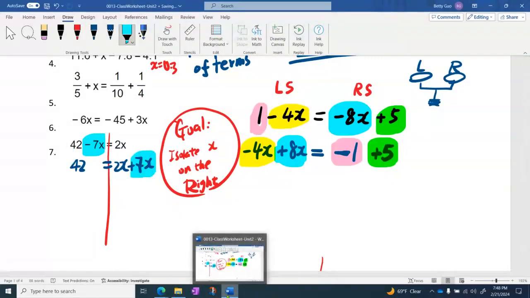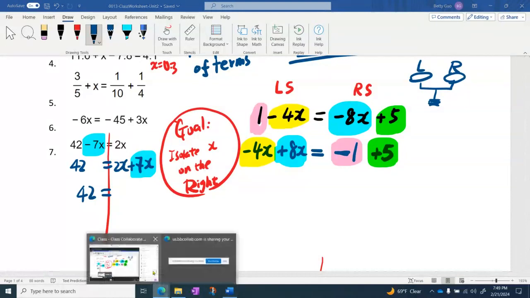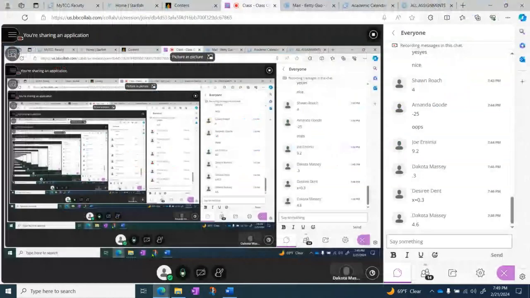I move the blue term from left to the right, and negative 7x becomes positive 7x. And what is 2x plus 7x? 9x.